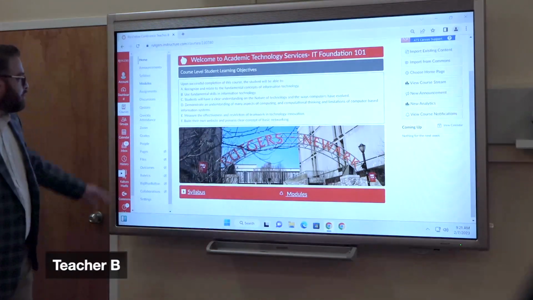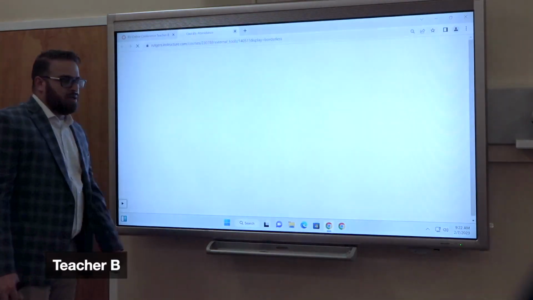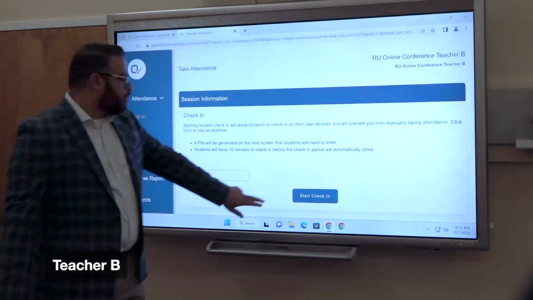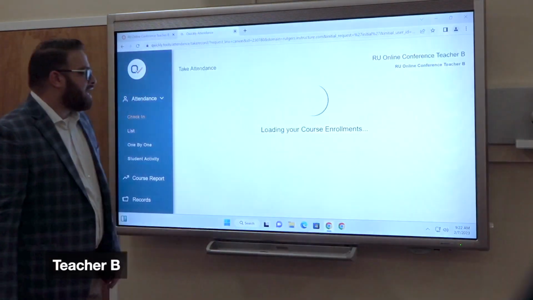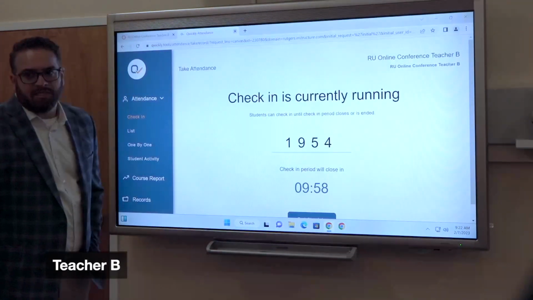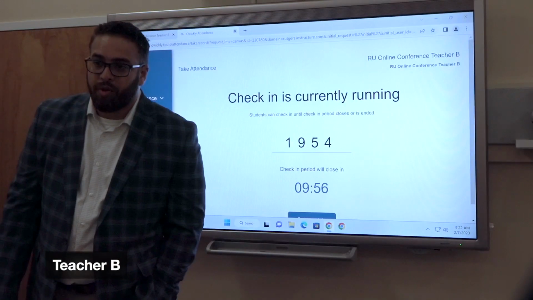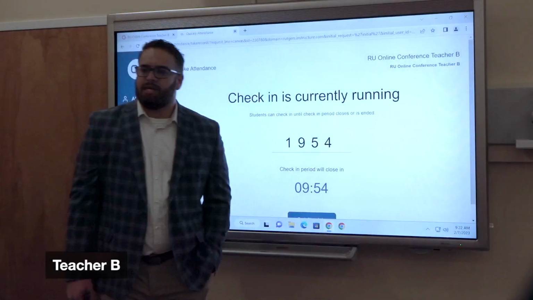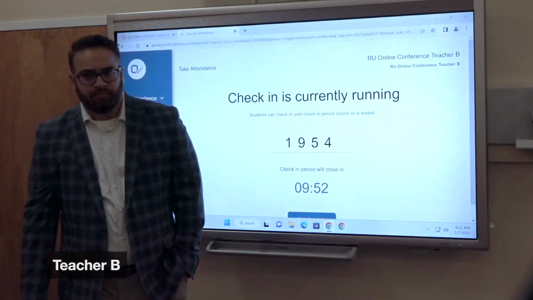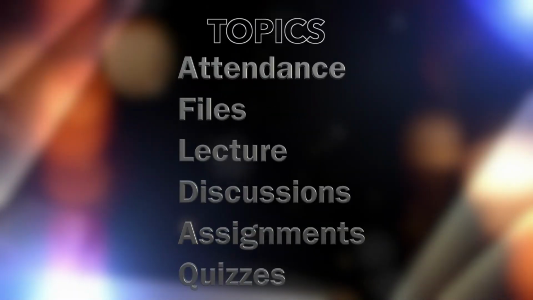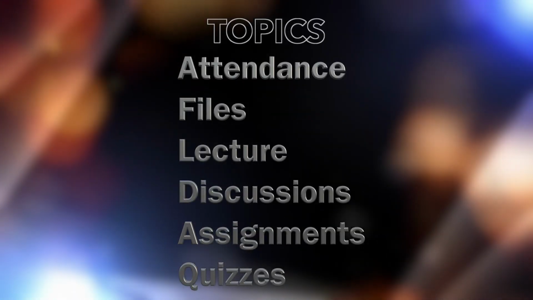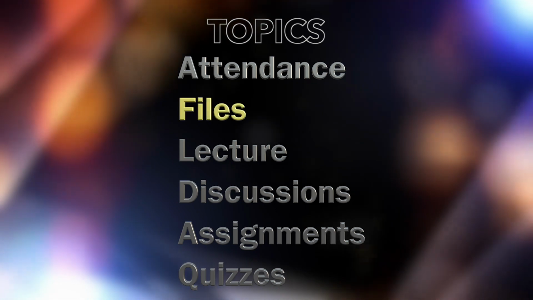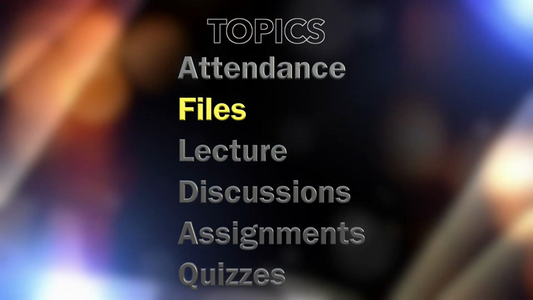So what I'm going to do, I'm going to show you, we click quickly attendance. Once I click check in, a code will appear. You'll need to enter that code within 10 minutes. If you miss it or you're not here, you will get an email stating that you were absent for the day.